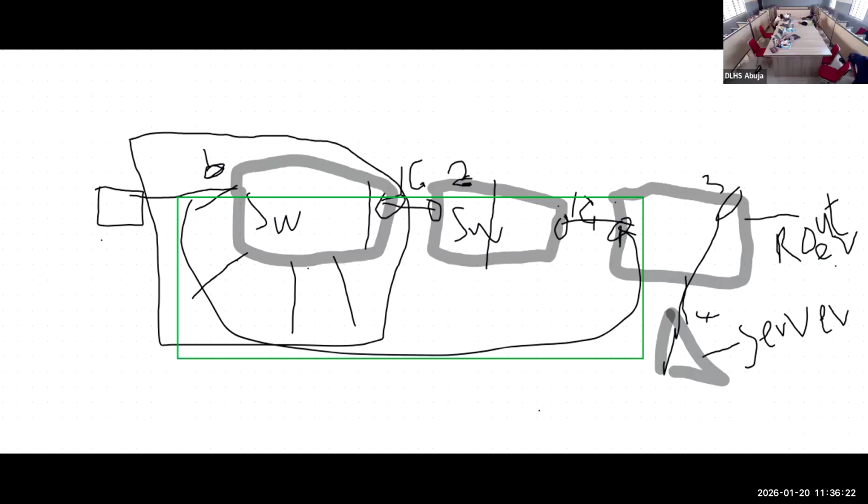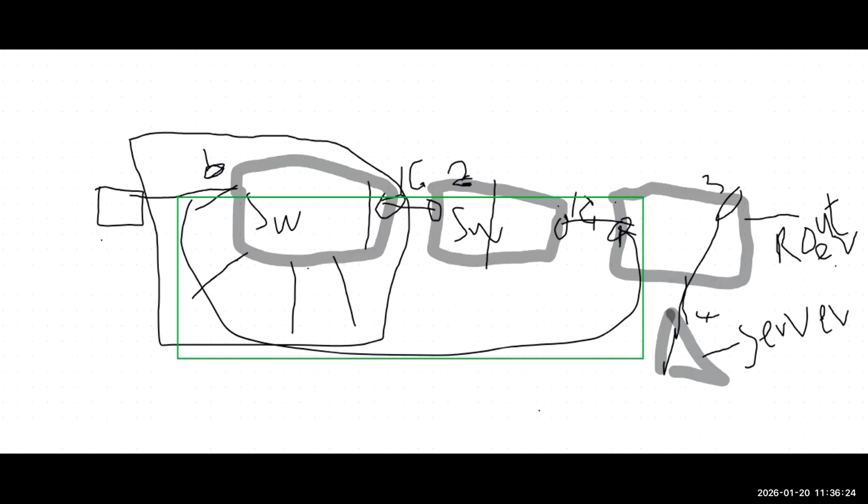Good. Now go back. The connection from number 3, which is the router, they connected from number 3 to number 2. That's a switch.